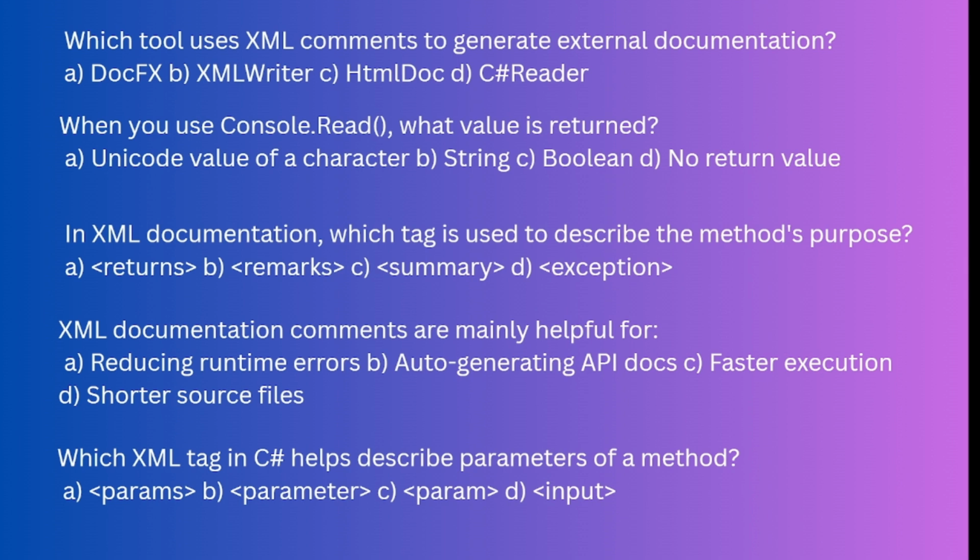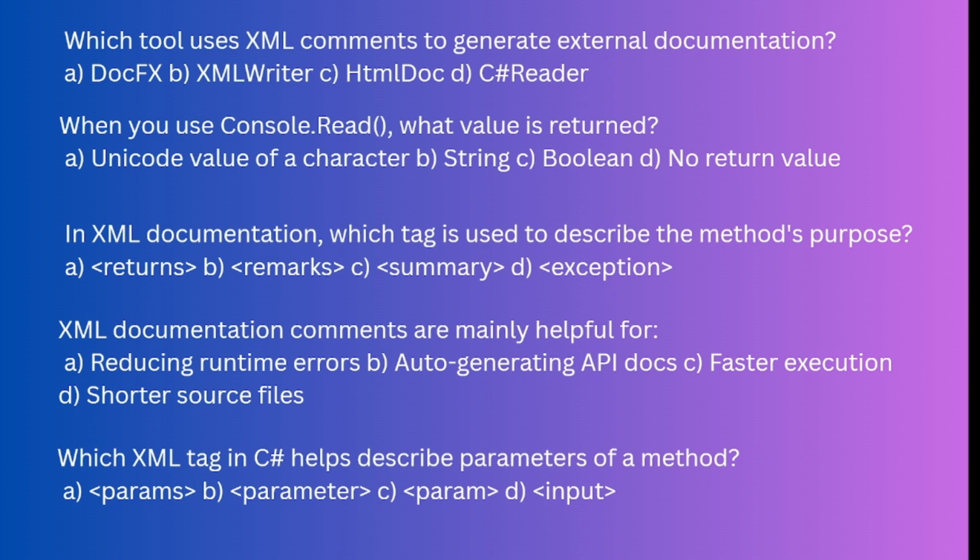In XML documentation, which tag is used to describe the method's purpose? Options are returns, remarks, summary, expectation. The answer is summary. XML documentation comments are mainly helpful for reducing runtime errors, auto generating API docs, faster execution, and shorter source files.